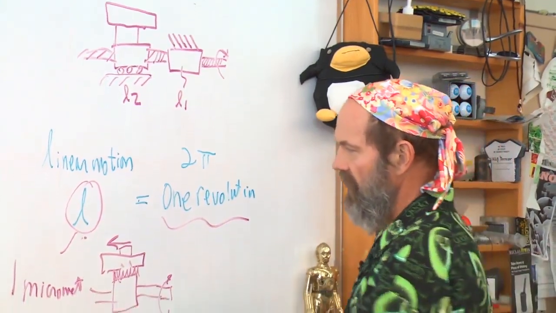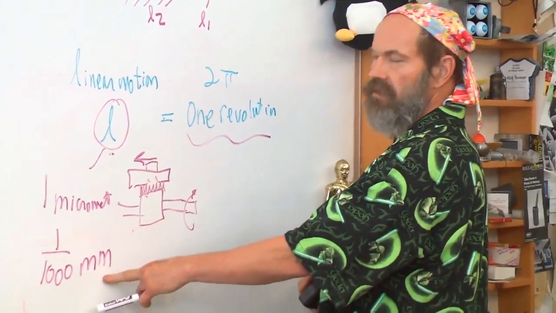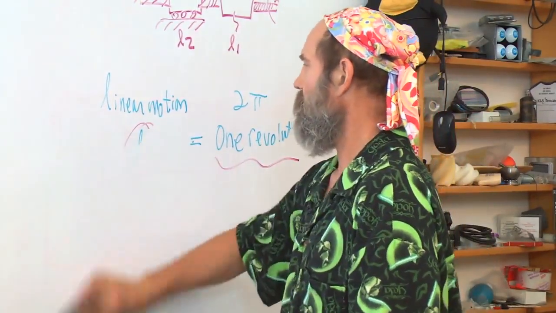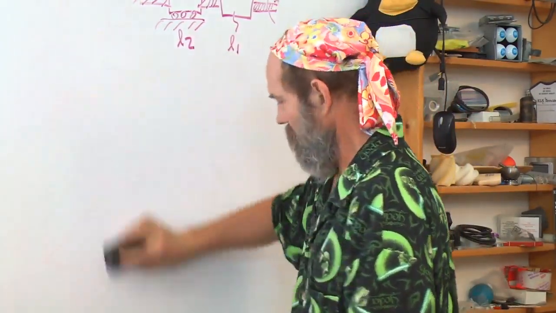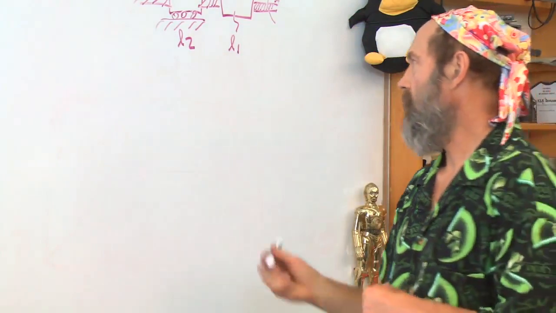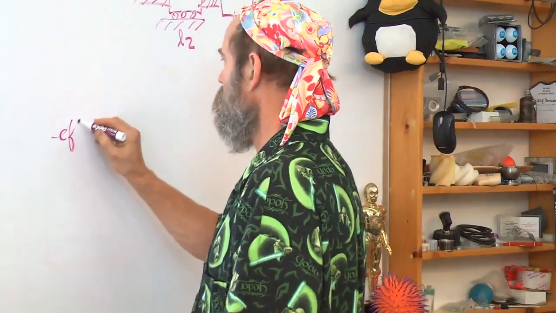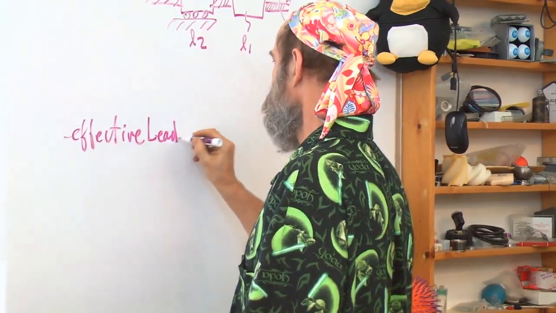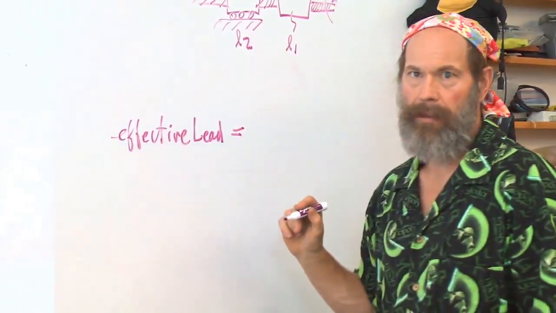So instead of having to have a lead of a thousandth of a millimeter, I could do something like this. I could say the effective lead equals what?